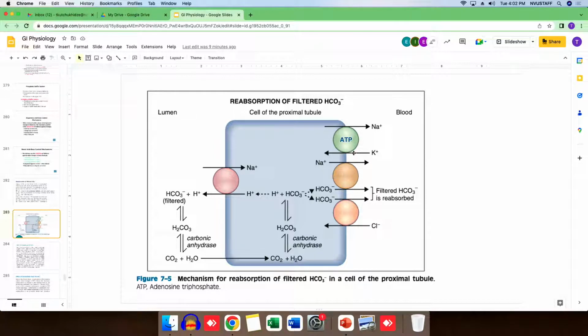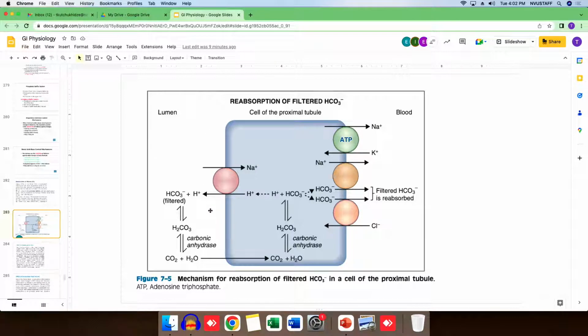With ECF volume contraction, we are having increased reabsorption rate, and what else is going on? We have the renin-angiotensin-aldosterone system involved in all this, and the sodium-potassium pump is working harder.